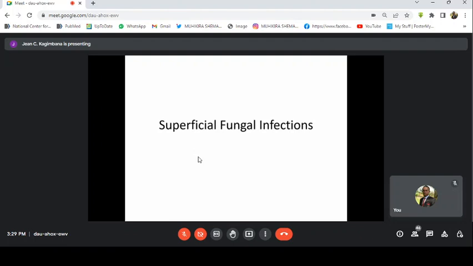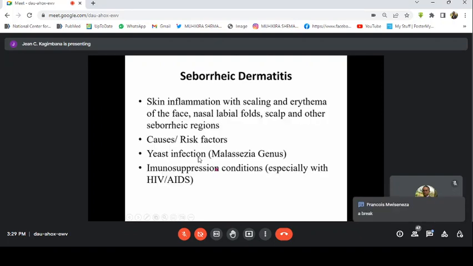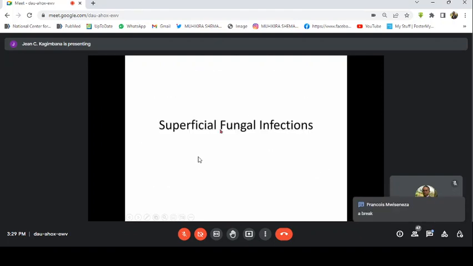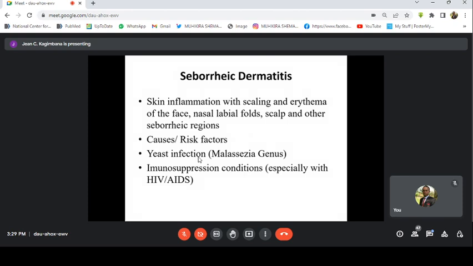Now, this is another interesting condition: superficial fungal infection. We start with the first one, seborrheic dermatitis. The skin may be infected with yeast, the levain. Okay?